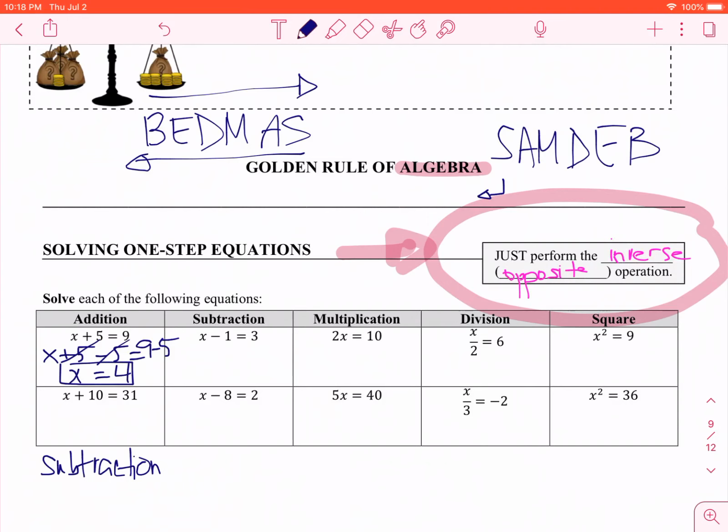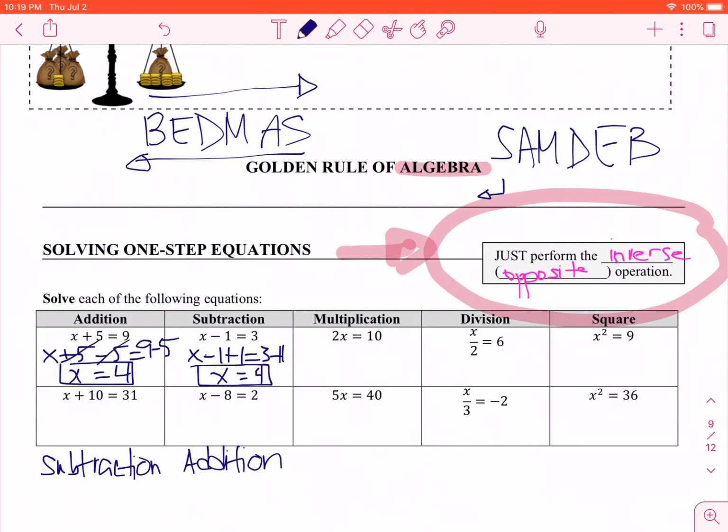Okay. The opposite operation of subtraction will be addition. So then we'll take a look at x minus 1 is equal to 3. And instead of subtracting 1, I'm going to add 1 on both sides. So x should be equal to 3 plus 1, which is 4.